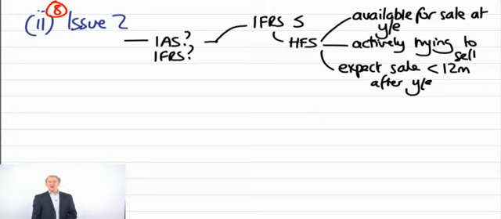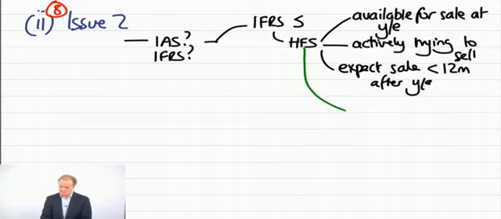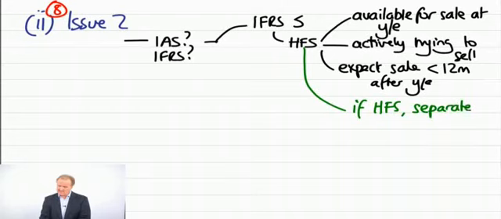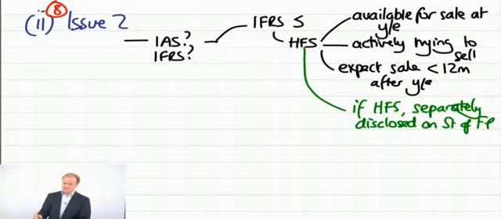If that is true, I don't care what the asset is, if it's held for sale, the assets should be separately disclosed on the statement of financial position.